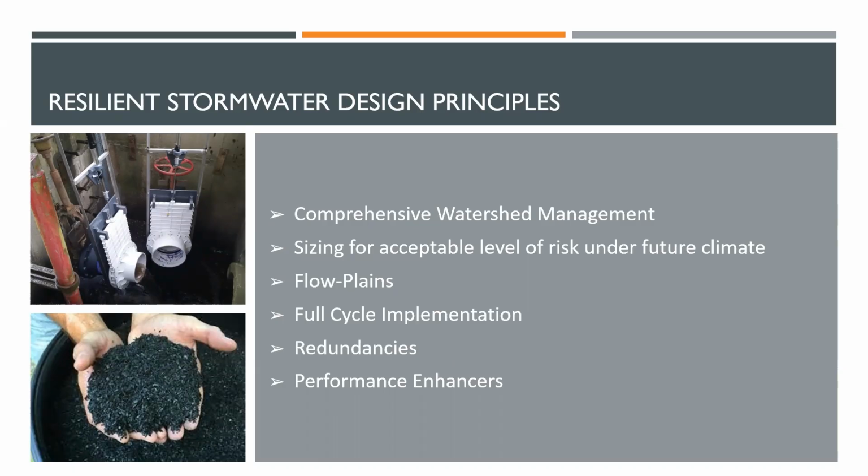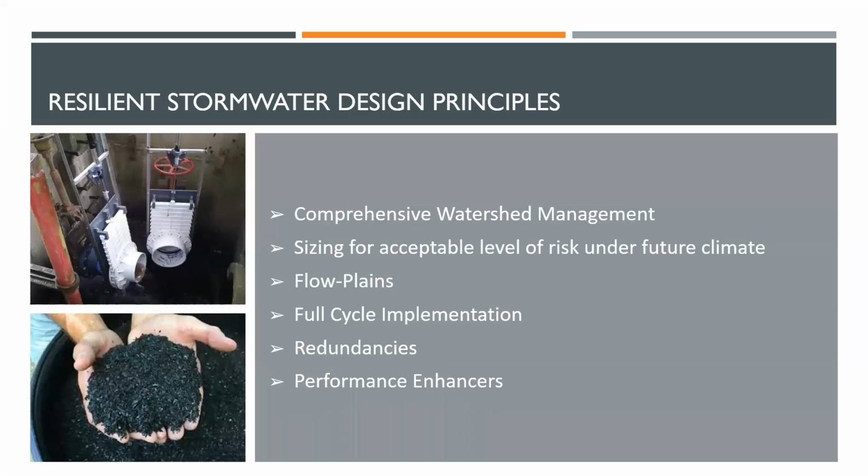Is that something that we need to look at? There's been some work done in Europe, in New York City and other places with these stormwater park type systems where you're storing water maybe on a basketball court or somewhere else in the community that is designated as this flow plain concept.